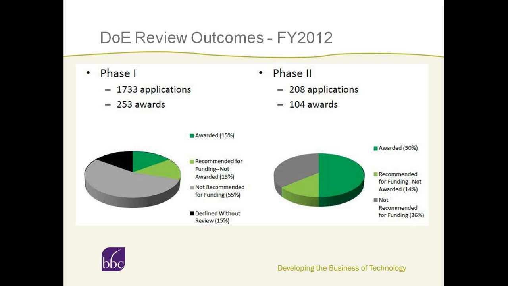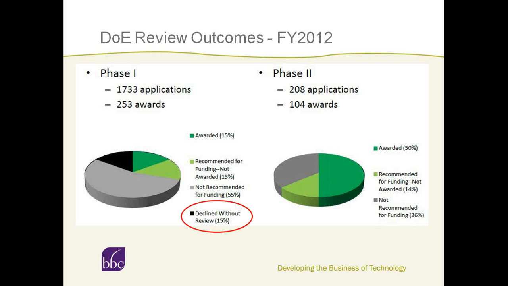Well, it's important for a reason that's illustrated on this slide. This is a slide from the Department of Energy, and it shows the outcomes for Phase 1 and Phase 2 proposals that were submitted in fiscal year 2012. So let's concentrate on the Phase 1 proposals first.